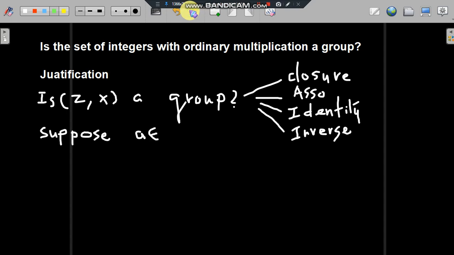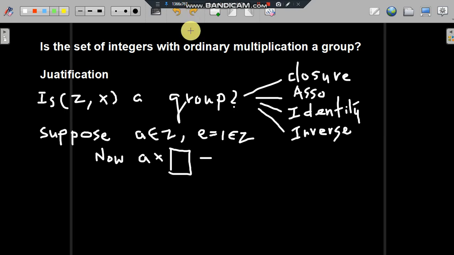Suppose A belongs to Z, then E also belongs to Z. Here, as I already told you, this is the identity in Z. Then, to say that A has an inverse, it has to satisfy one condition, that is A multiplied by some number belonging to Z must give 1.